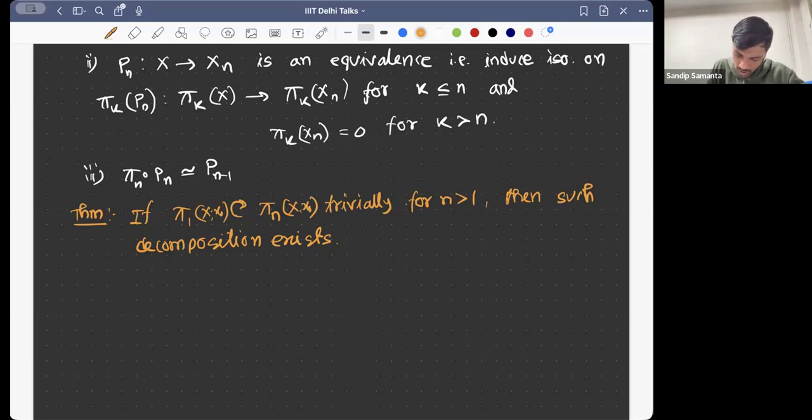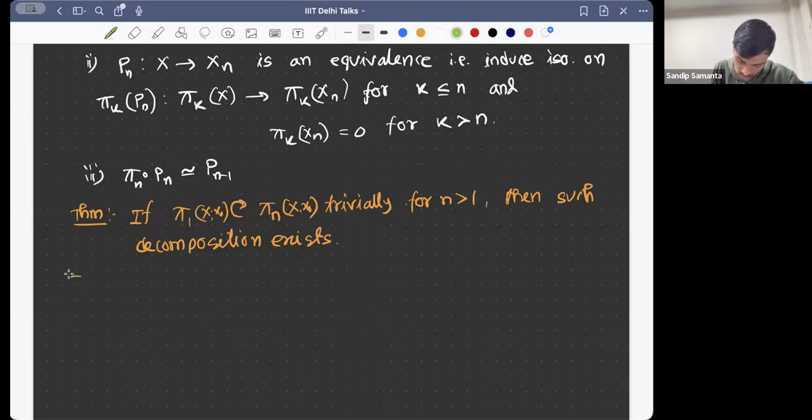So what more property does this decomposition have? This decomposition is not just any arbitrary decomposition. This is actually a functorial decomposition. Whenever we have a map between two spaces and the corresponding Postnikov decompositions, then the corresponding maps also exist between each of these Xn and Xn prime.